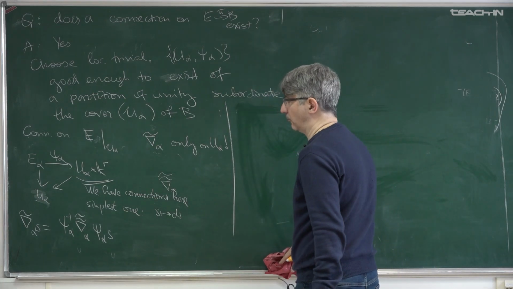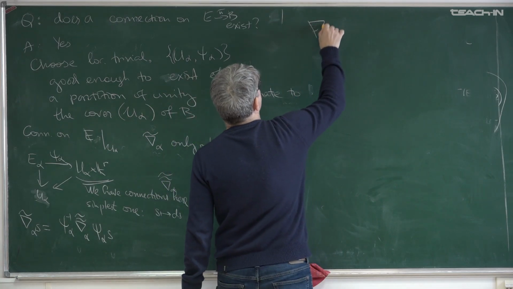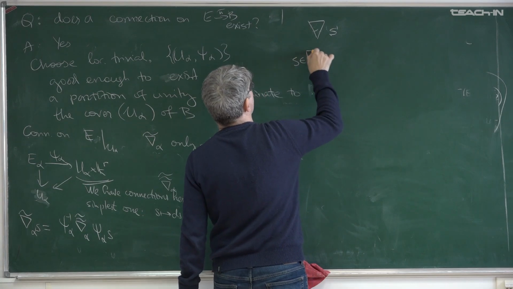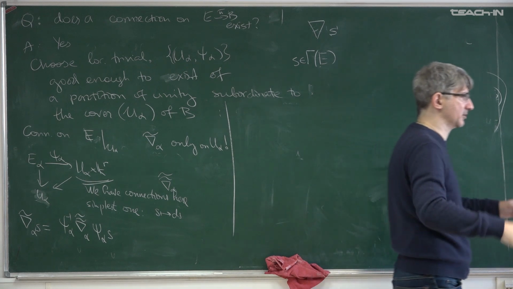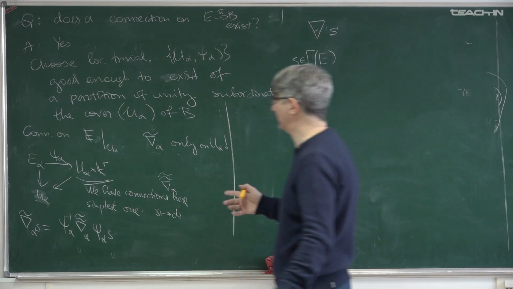So I need to write a formula for the section. S is a section of gamma, a section of the initial vector bundle E, a global section. So now what I want to do is make it local. Obviously I want to apply local sections, yes?